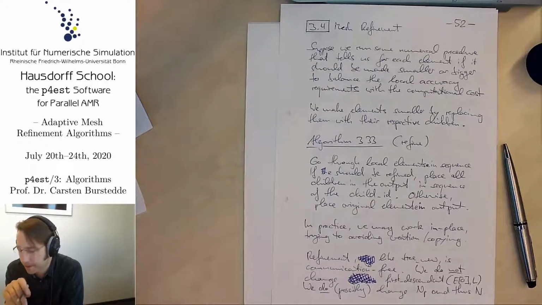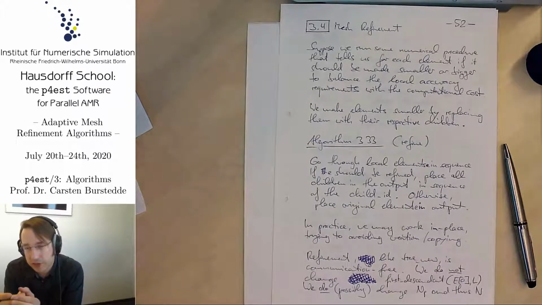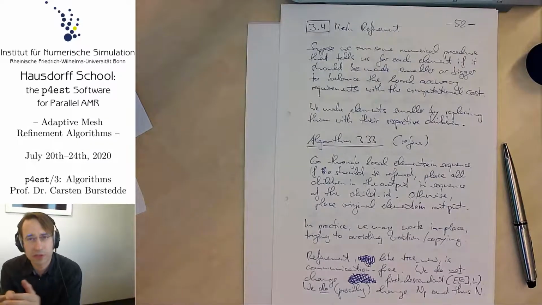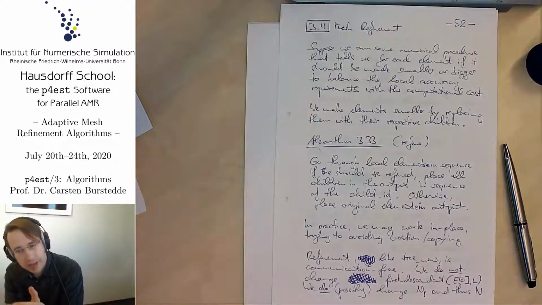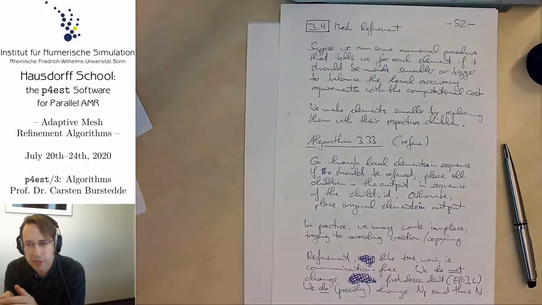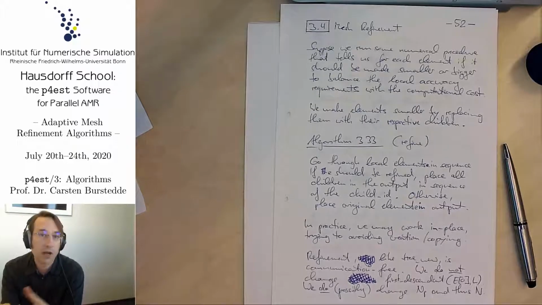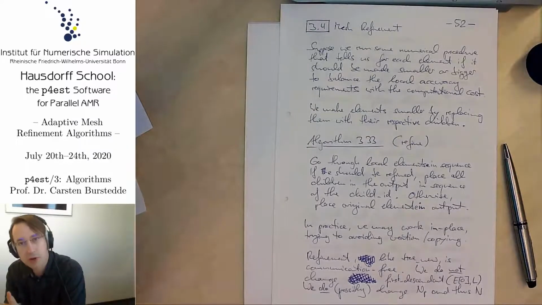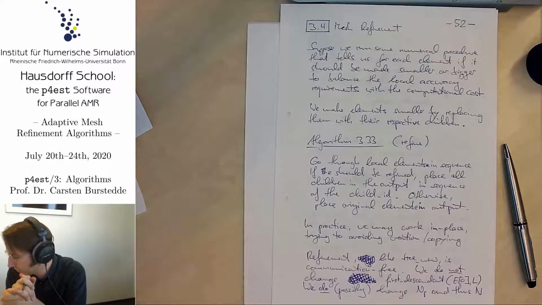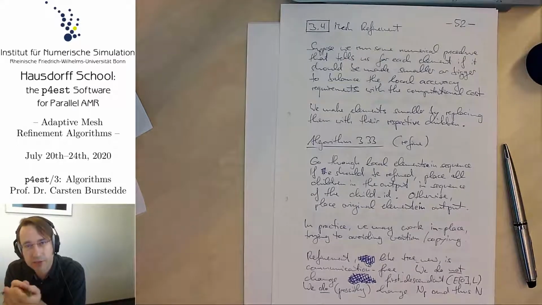So that means if a certain quadrant comes after all the ones before in the sequence and before all the next ones, if I replace it with the children, these will also, by construction, in sequence, be after all the ones before and before all the ones after. So refining and coarsening are invariant in terms of this order.